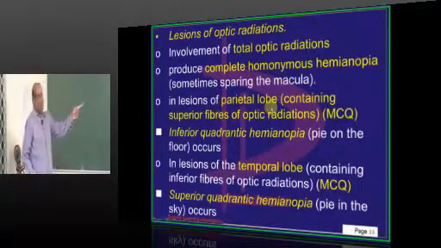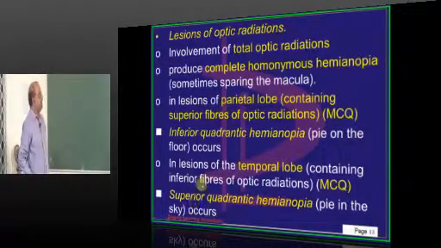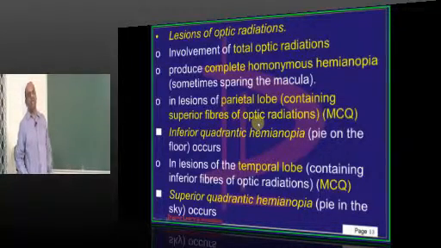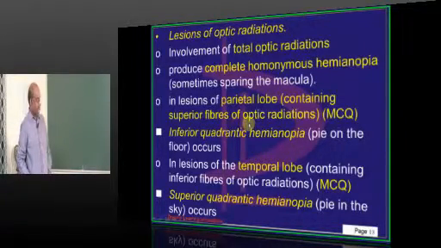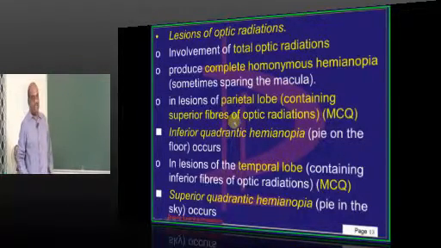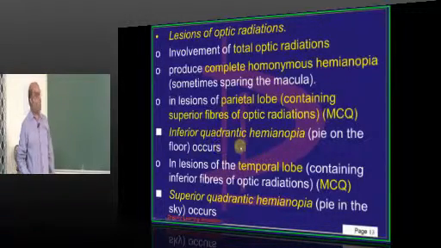Suppose if the parietal lobe is involved during the journey of this optic radiation, then the superior fibers of the optic radiation get affected. And when the superior fibers of the optic radiation are affected, what we get is called inferior quadrantic hemianopia.